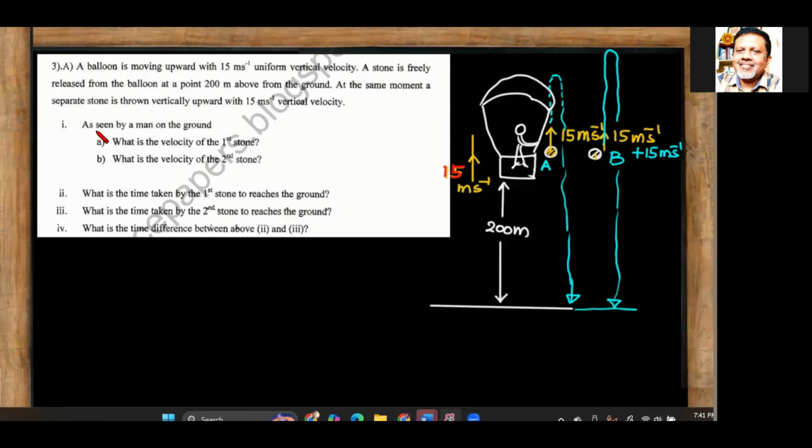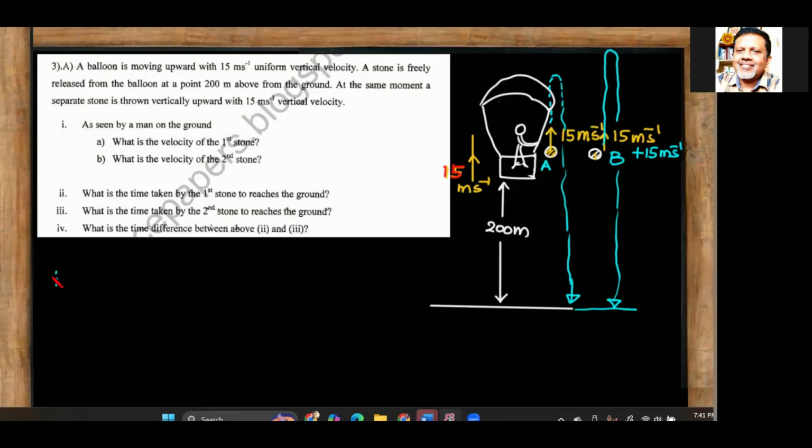So the first part, as seen by the man on the ground, what is the velocity of the first stone? What does it mean? Probably it means the initial velocity, because otherwise you cannot ask what the velocity is.